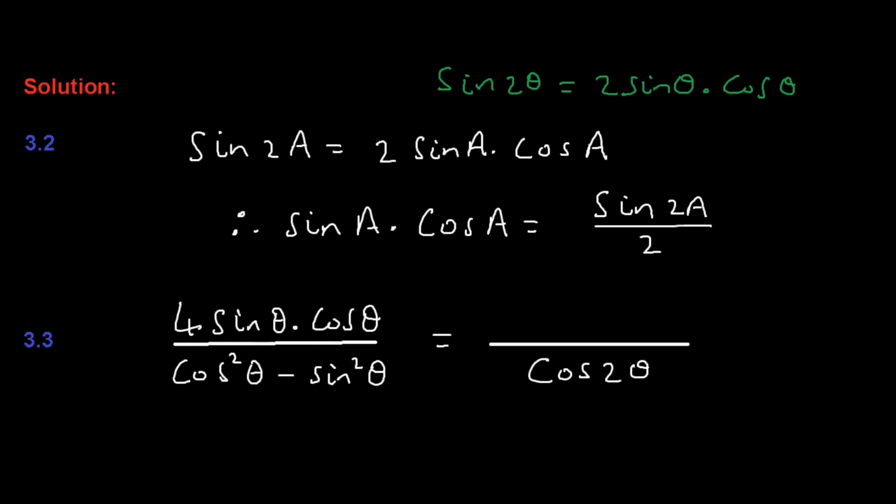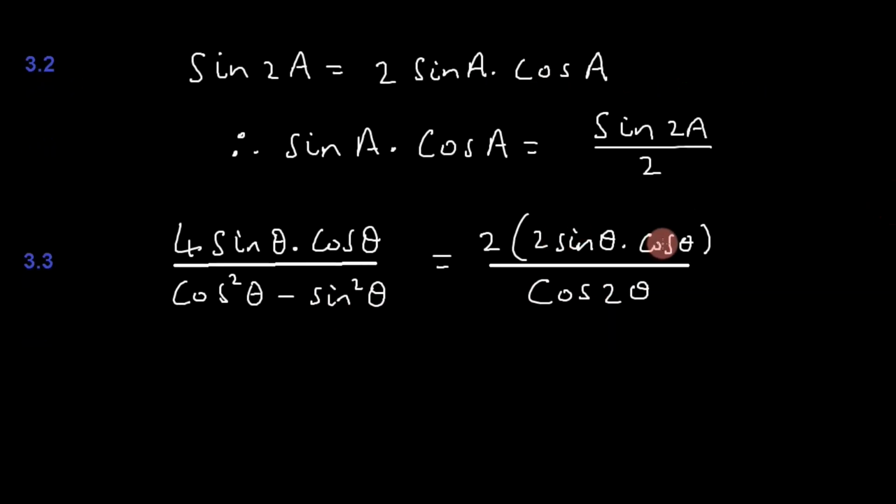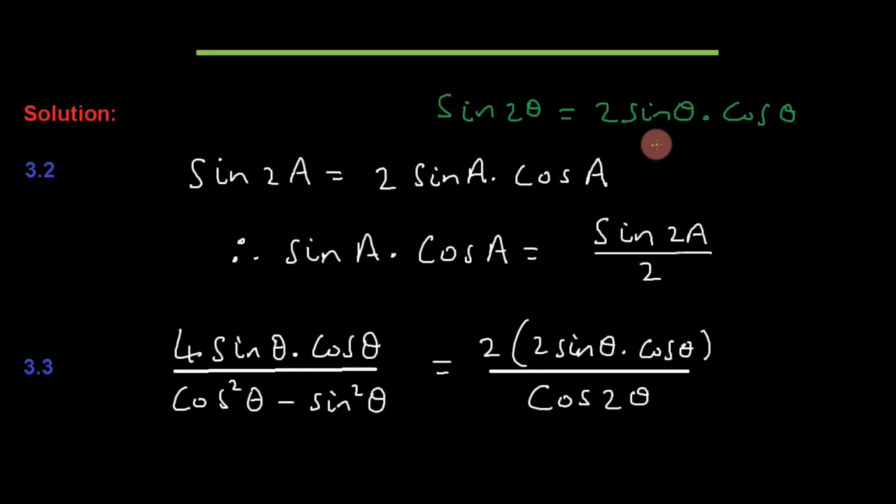We can rewrite the 4 as 2 times 2. So 2 times twice the sine of theta times the cos of theta. Then what we have in the brackets here, of course, is the sine of 2 theta.